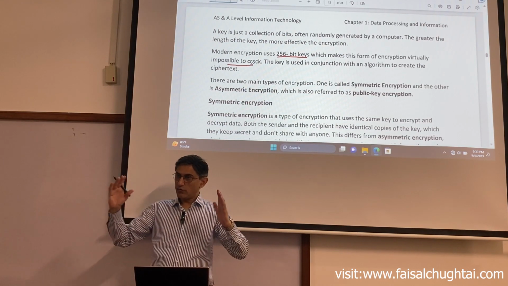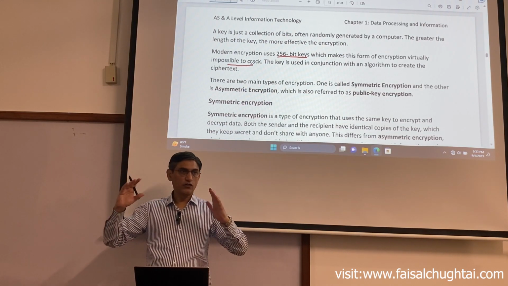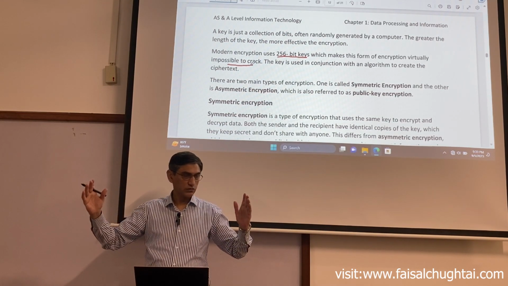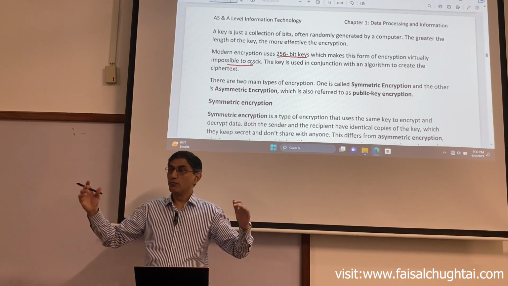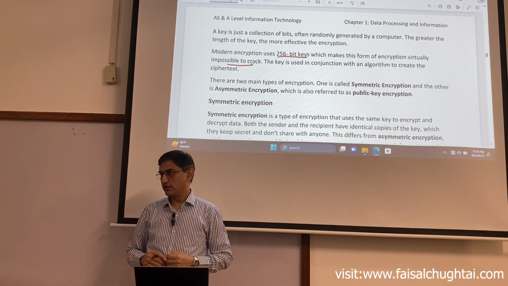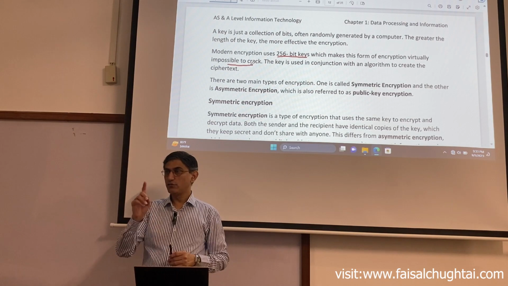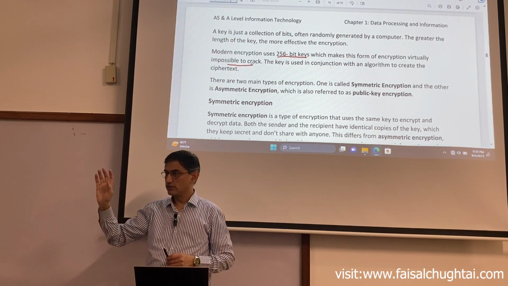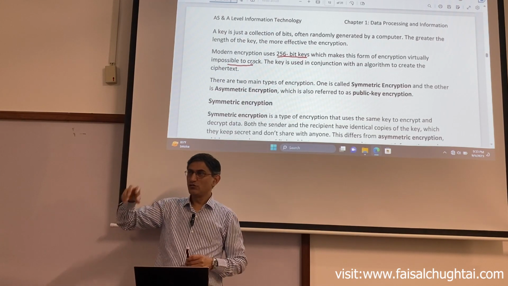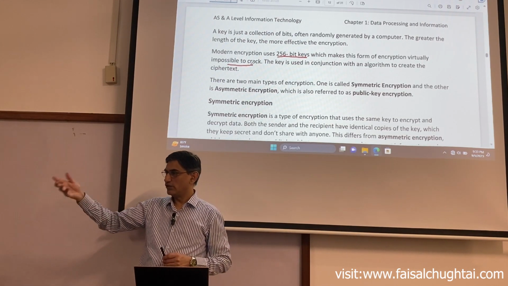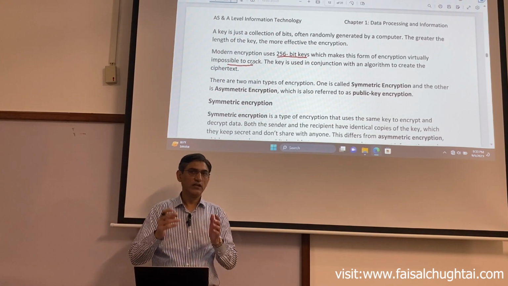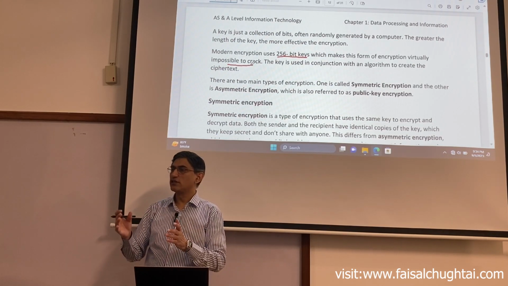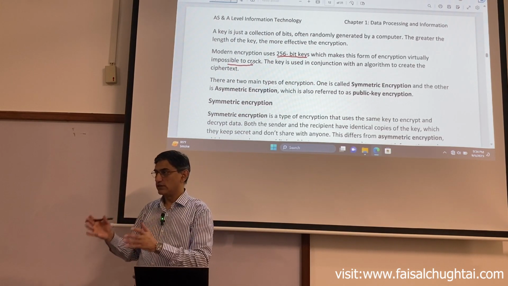The greater the number of bits, or the greater the group of bits that you can use to represent data, the more combinations you can create. If I have 256 bits, 256 zeros and ones, we do know that zeros and ones is what binary language or machine language is all about. And this is the form in which the computer deals with every data.